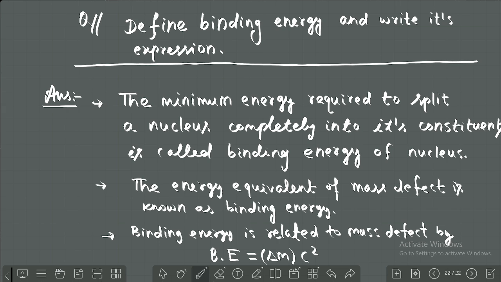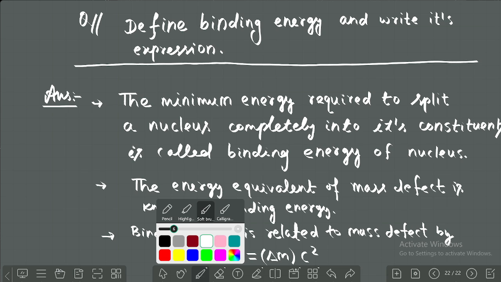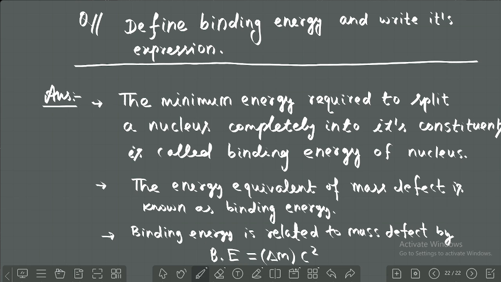This is the relation between binding energy and mass defect. B means binding energy. That symbol also you can give: capital E, subscript small b. Write down: binding energy of nucleus, B equal to delta M into C square.